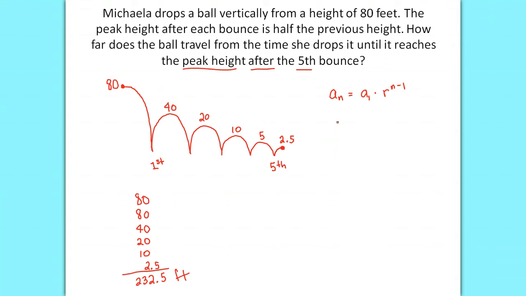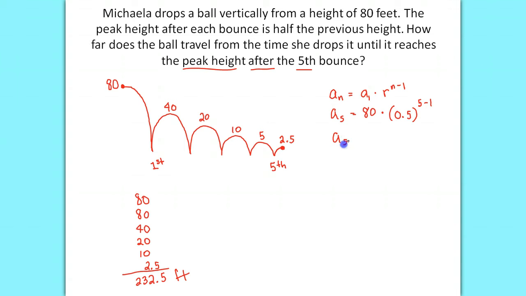So for this particular question, let's say we wanted to know what the height was at the fifth peak. We could say, okay, well, we want to know a sub 5. We know a sub 1, the initial height, is 80. And we know that the ratio is half each time, so we could write it as a fraction, 1/2. We could write it as 0.5, but that's going to be your r value. And then n minus 1 would be 5 minus 1.